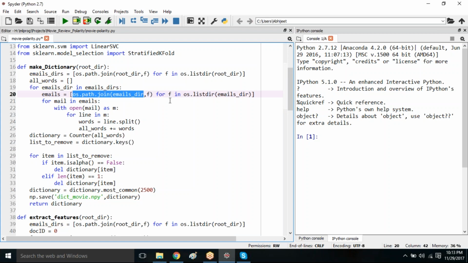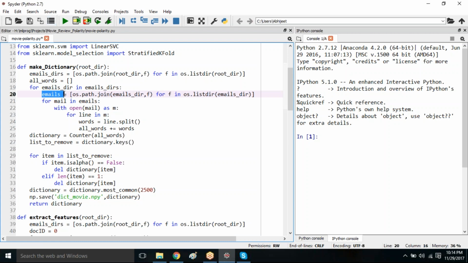So this is again another thing, that all your mail you are taking by listing down your directory, maybe the pos directory.